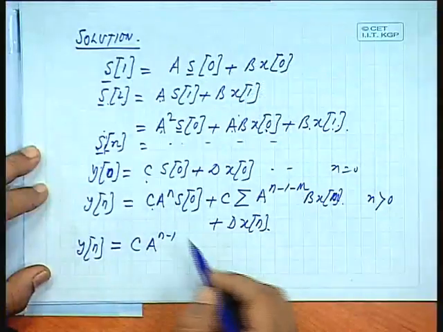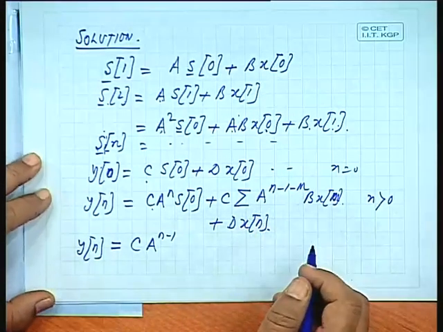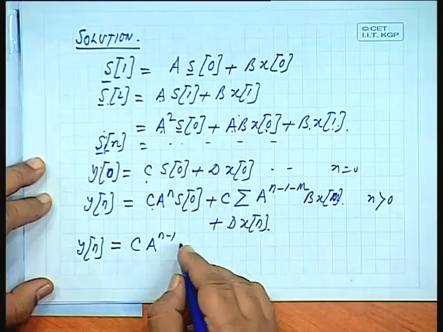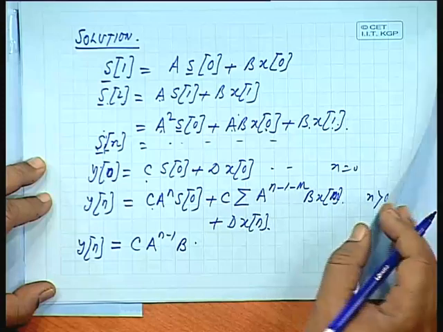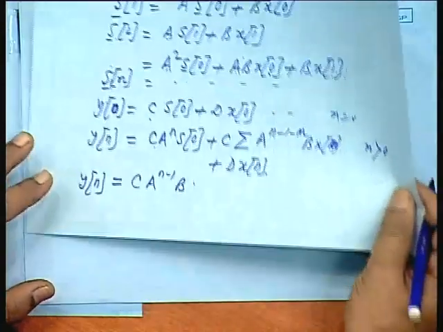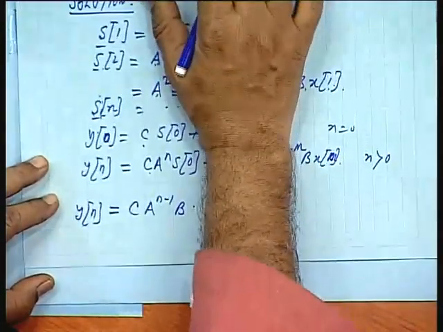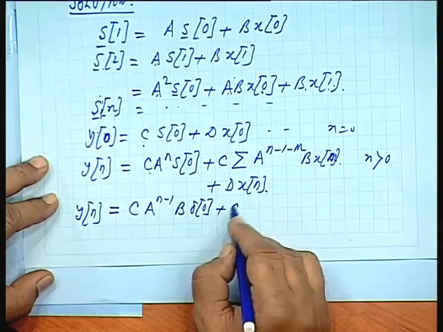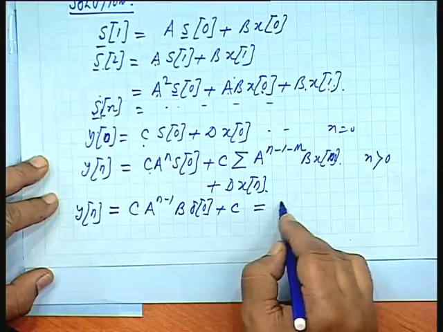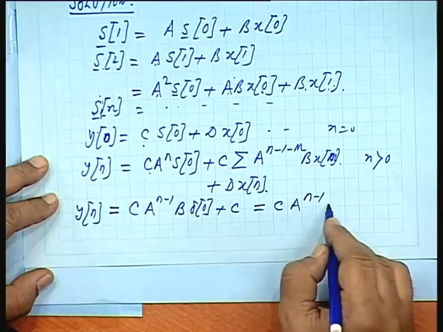Then S0 will be 0, everything will come to a steady state, that will be a 0 state. So, this will vanish, it will start from the second term onward, B into delta 0 plus C, that is equal to C A to the power n minus 1 B.